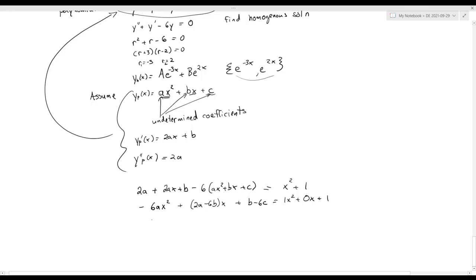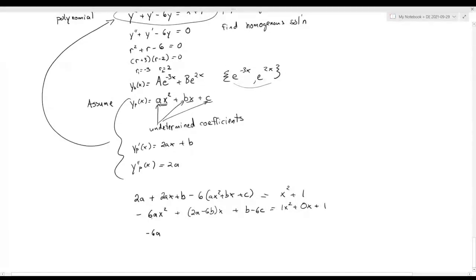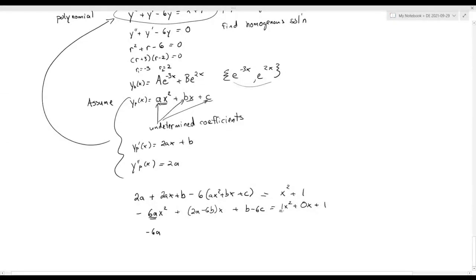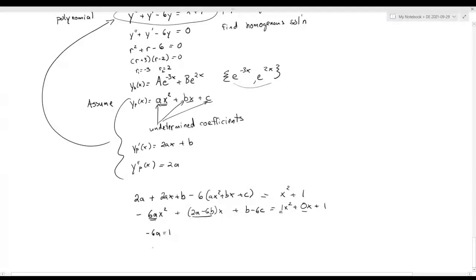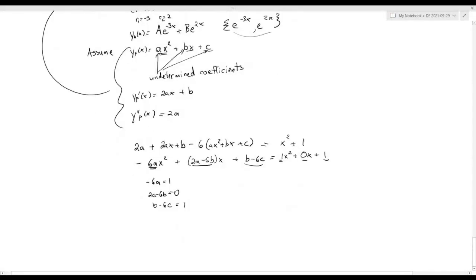So that requires us to say that the coefficients for the x squared terms on either side are equivalent, and the coefficients for the x terms on either side are equivalent, and the constants are equivalent as well. So you get a system of equations and unknowns.